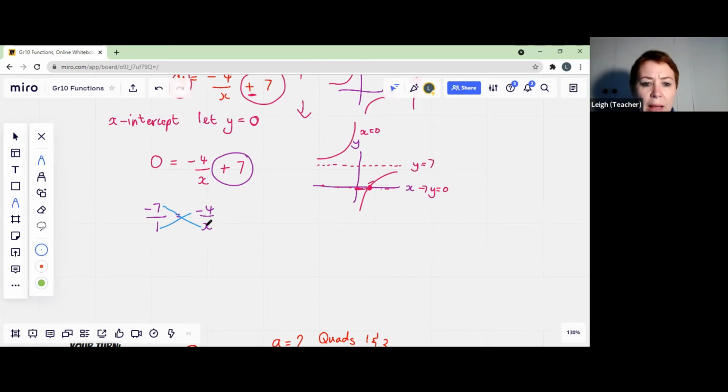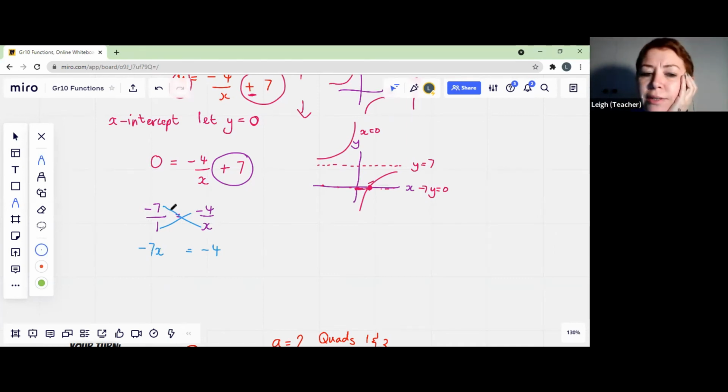So when I multiply x with minus 7, I end up with negative 7x. And when I multiply 1 with negative 4, I end up with negative 4. Now we really are in a place where we've been many, many times before when we're solving for x, right? So now the $1 million question, what do I have to divide both sides by?